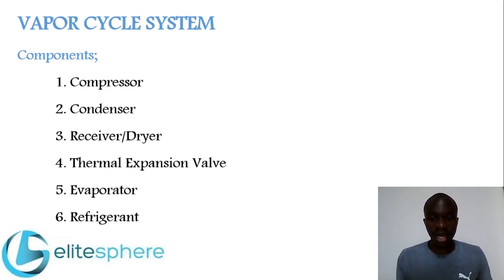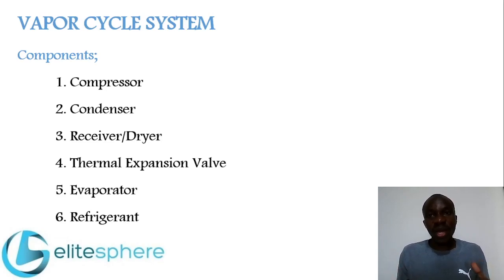As it goes through the evaporator, the hot air or the heat that comes from the cabin passes across the evaporator. So this heat, when it is exposed to the refrigerant that has come from the thermal expansion valve, makes the refrigerant absorb the heat and evaporate.